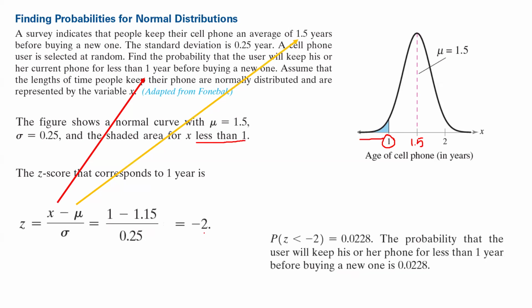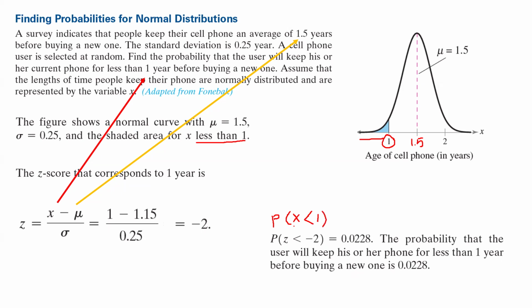If I ask you to find the probability that x is less than 1, equivalently, you're finding the probability that z is less than -2. They are equivalent to each other. In a moment, I'll show you that you get exactly the same result.